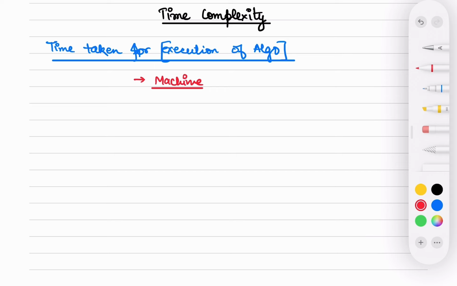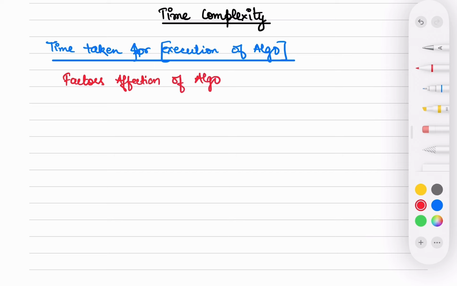Not only machines, even what kind of compilers they are using affects it. So there are some external factors which affect the execution time of an algorithm. Let me write that: factors affecting execution of algorithm.